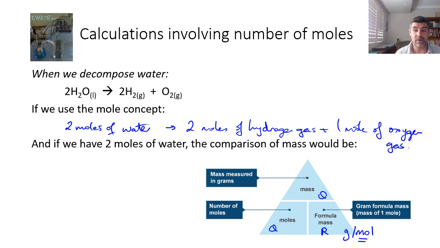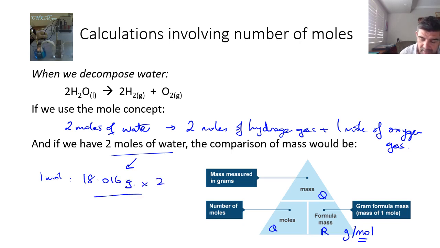Now, because we already have started to look at things like the law of conservation of mass, it now means that if we have 2 moles of water, we can actually work out that 1 mole had a molecular mass of 18.016 grams. So 2 moles is going to have twice this amount.